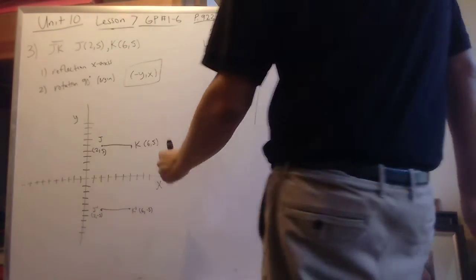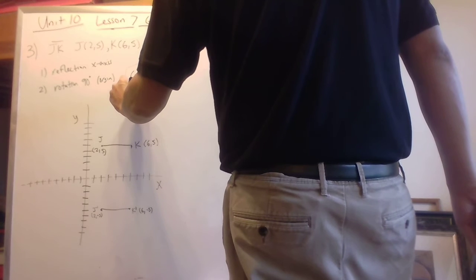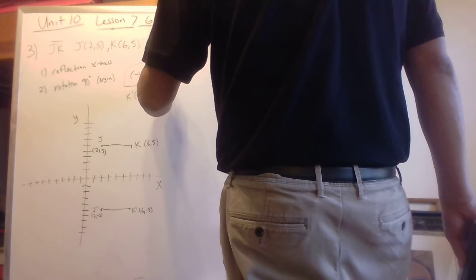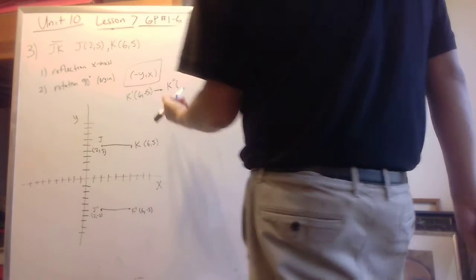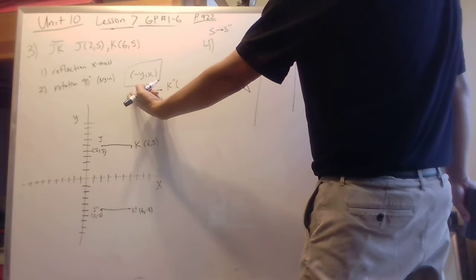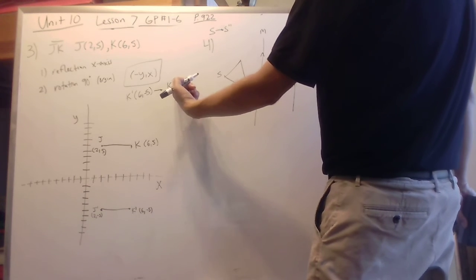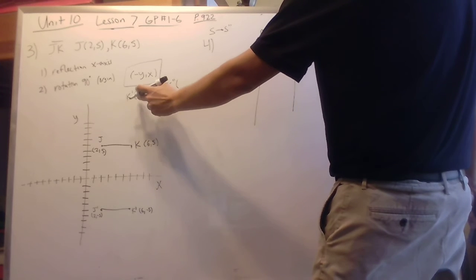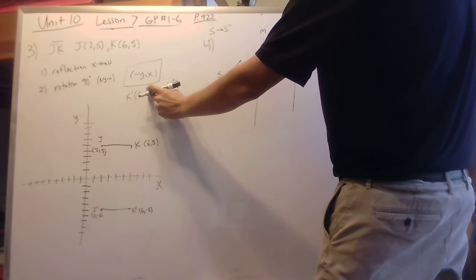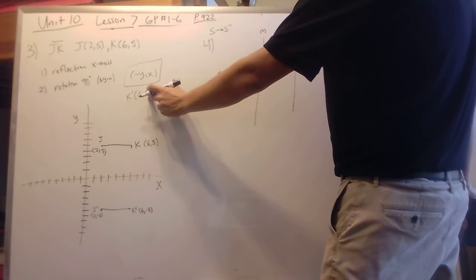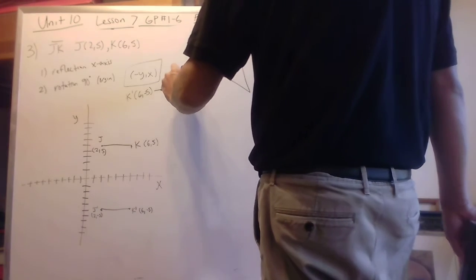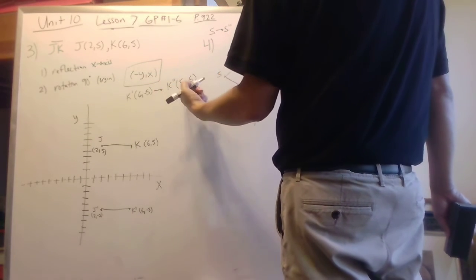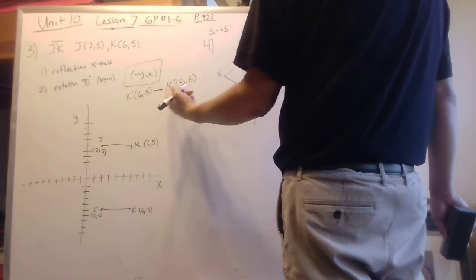So if K prime is at 6, negative 5, after a 90-degree rotation, K double prime, because that means two transformations for the double prime, we're going to swap x and y, so we're going to have negative 5, 6, but then it's a negative y. So if negative 5 is already negative for our y value, we're going to turn it positive, because a negative times a negative is a positive.